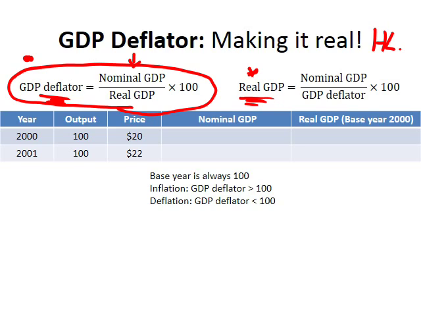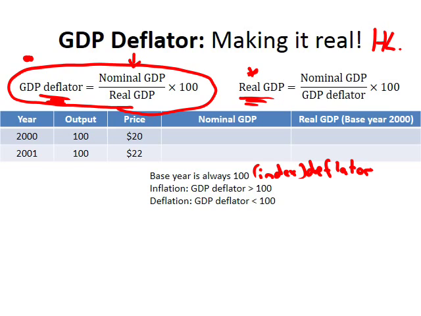We need a base year, and in the base year, the index, or the deflator, is always 100. There's going to be inflation if the GDP deflator is over 100, and there'll be deflation if it's less than 100. Now, nominal means simply in this year's prices.